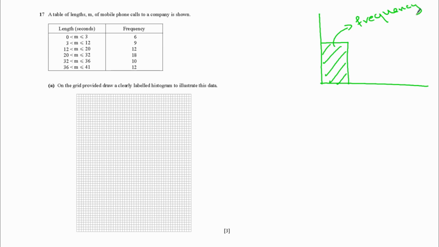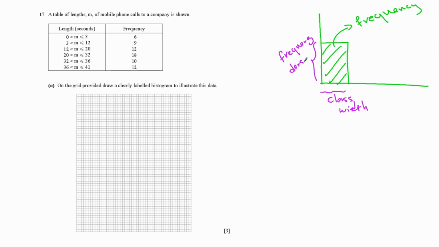What is important about histograms is that the surface area of the histogram represents the frequency. So when we say the surface area represents the frequency, what that basically means is that this is a class width, and this would be the frequency density.